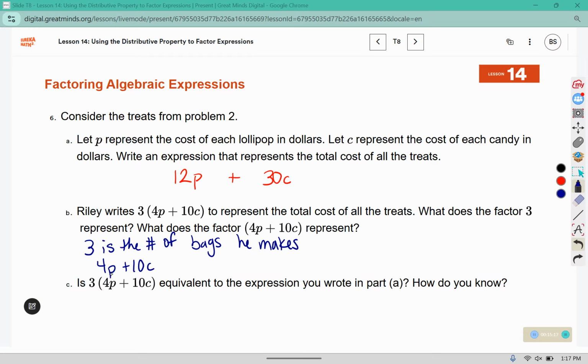Well, there were 4 lollipops and 10 candies in each bag, and the P and C represent the cost of those items. So this factor is the price of the treats in each bag.